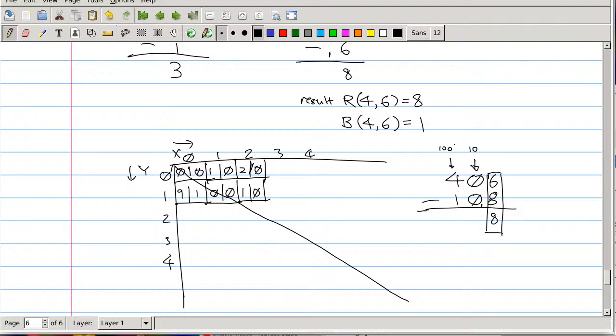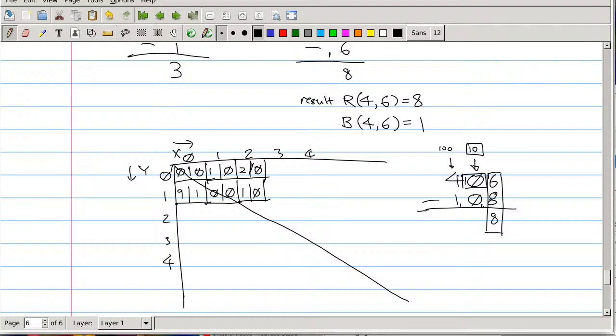So when I borrow from the hundreds column, it is equivalent to 10 times whatever quantity this column is dealing with. So the 0 now becomes a 10. This borrow here is making this digit look like a 10.